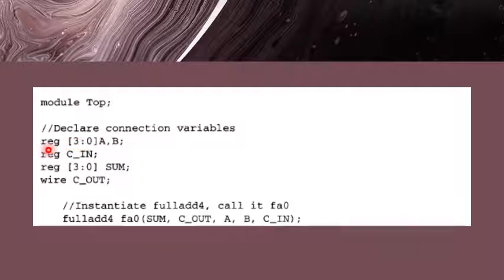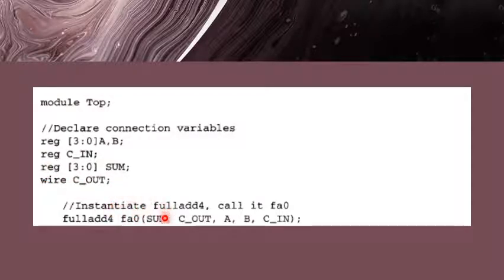I have declared them as register, and Cin is a single bit input carry, that also I have declared as register, and sum is a 4-bit signal, that also I have declared as register, and wire is a single bit Cout. Okay.